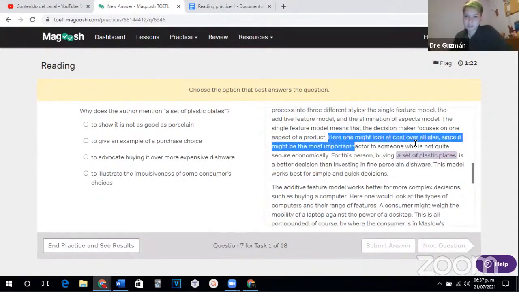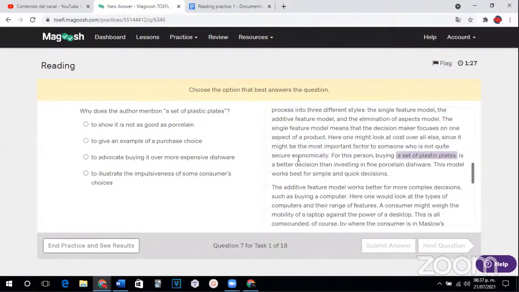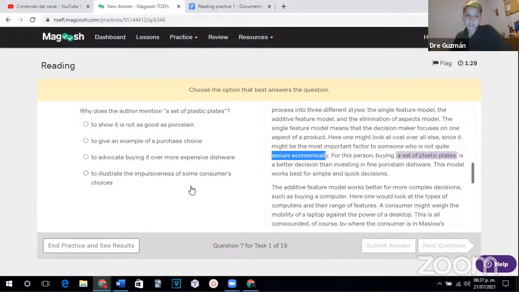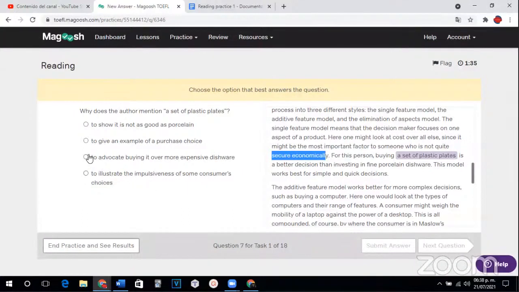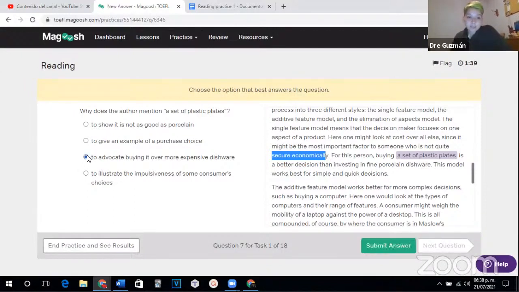It's just the sentence we saw, right? About cost, about economic security. So I think it's the third one, to advocate buying it over more expensive dishware. All right. Okay, I'm not entirely sure what we're gonna go with.